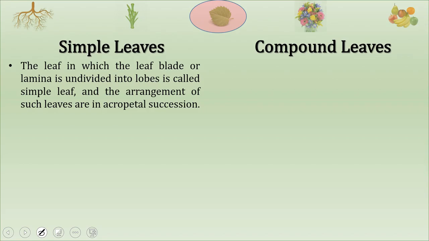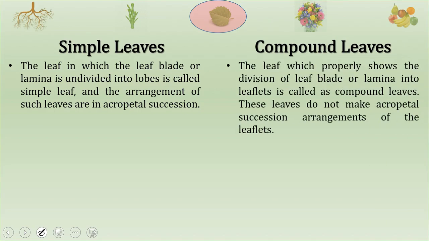What do you mean by acropetal succession? Acropetal succession means new or young leaves will be on the top and old leaves will be at the bottom.